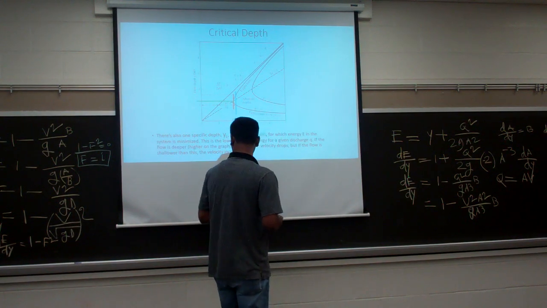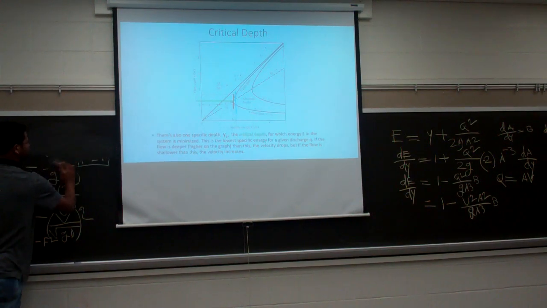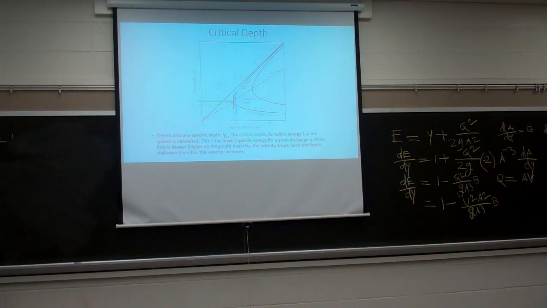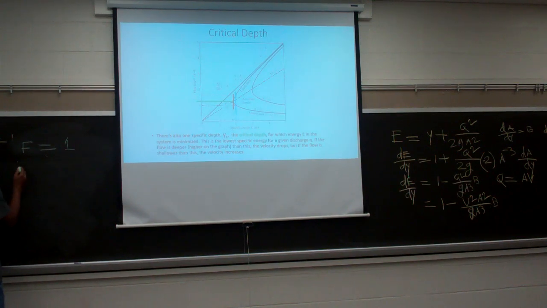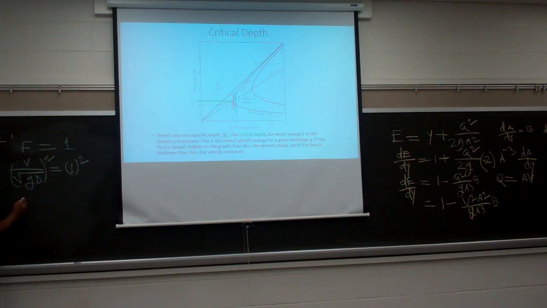So what other property can we define from this equation for the critical flow, right? So by this time we know F is equal to 1 for critical flow. What is the equation of F? F is equal to V divided by root over gD, is equal to 1. If I just square both sides, what will happen? V squared divided by gD is equal to 1.